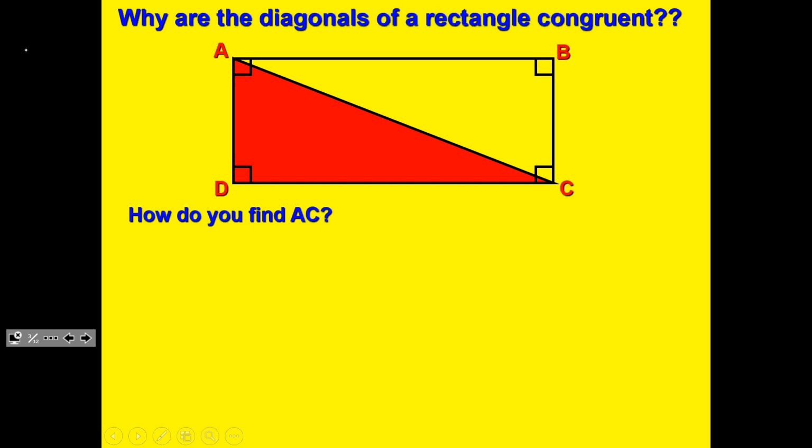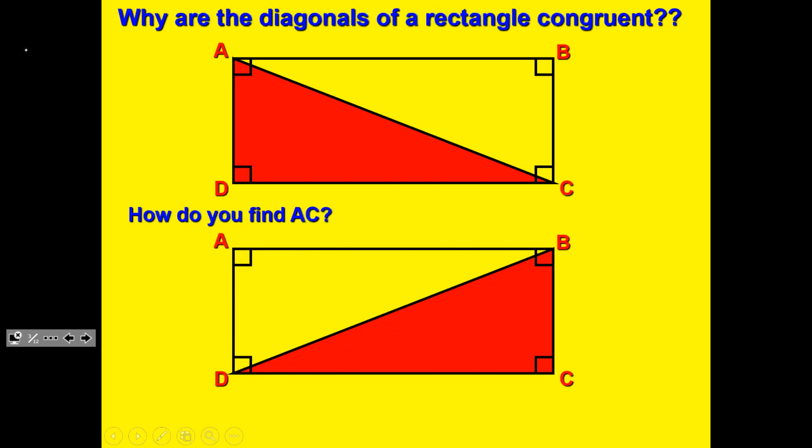They should be congruent, right? Or 45, 90 if we're in a square, right? So it just depends. Also, same thing, this direction. If we wanted to find BD, like Katie said, we could use Pythagorean theorem. Or if it's on a coordinate plane, we could use distance formula.